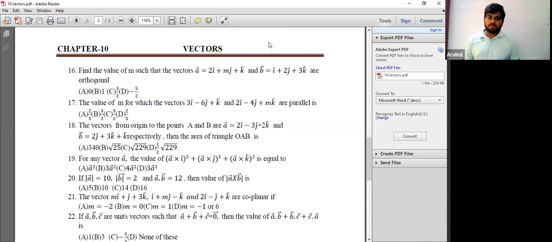I'll give you a hint. A cross I, the whole square, you can take as A cross I dot A cross I, just like A square is written as A into A, similarly A dot A.